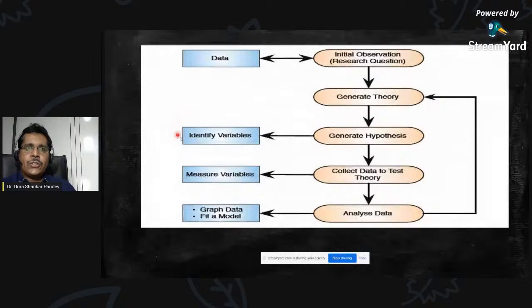The identification of variables is very important, especially the dependent and the independent variable, which we also call the predictor and the outcome variables. And finally, we put that to test with data, and then we analyze it. So this is basically the research process in one full flow, from Andy Field's wonderful book on discovering statistics with SPSS.